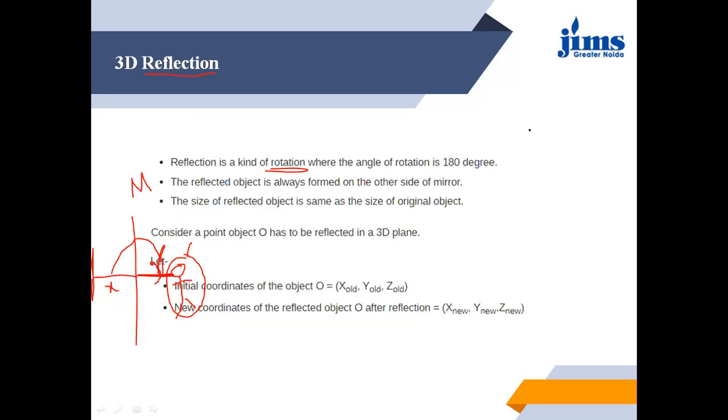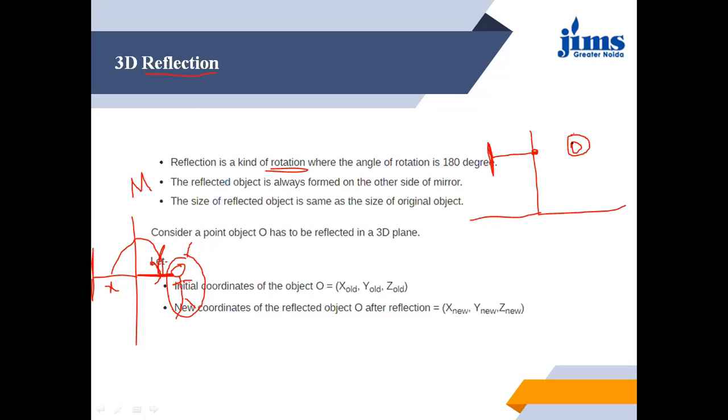Suppose we are discussing in 2D, as we discussed. Suppose this is an object, and when we are reflecting this object with respect to this axis, the object is the same as it is, and it will appear at the same distance away from the axis.